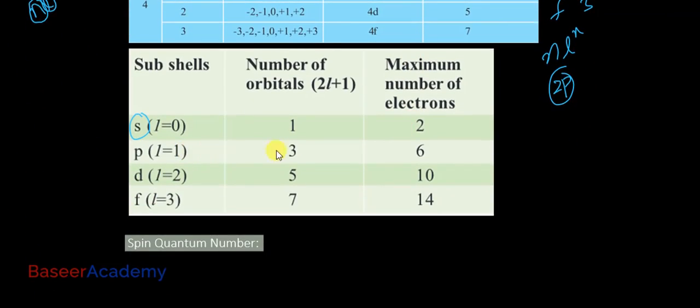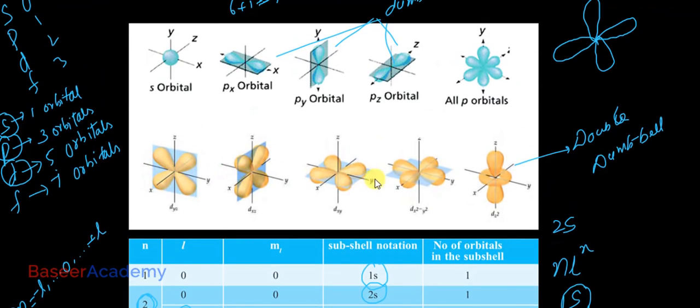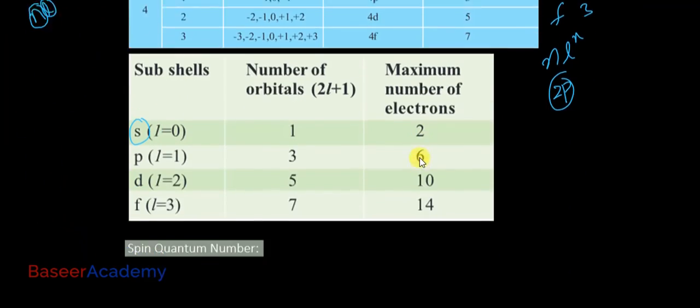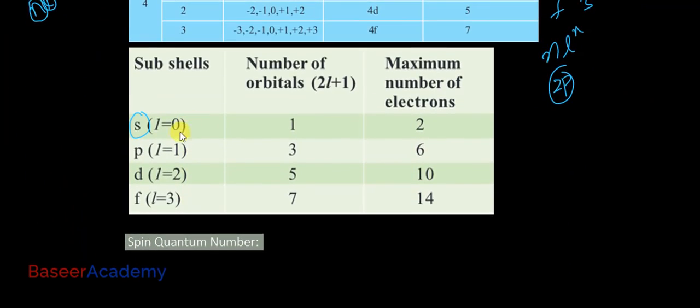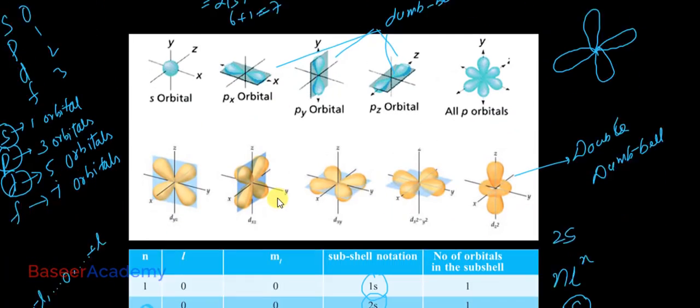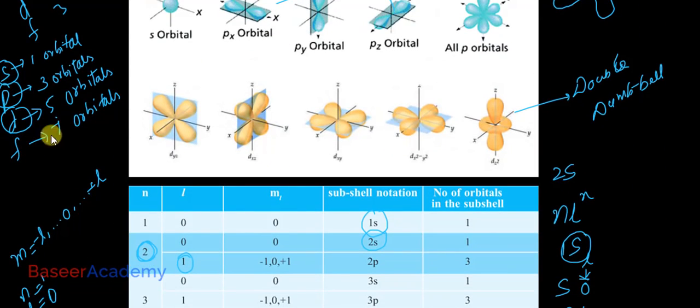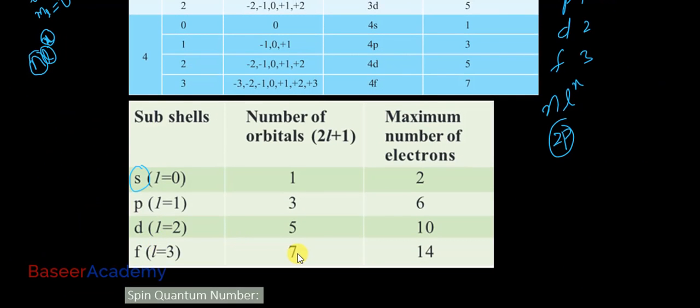D is splitting into 1, 2, 3, 4, 5 orbitals. So d has 5 orbitals. F likewise is splitting into 7 orbitals. We have seen this already. So f has 7 orbitals.